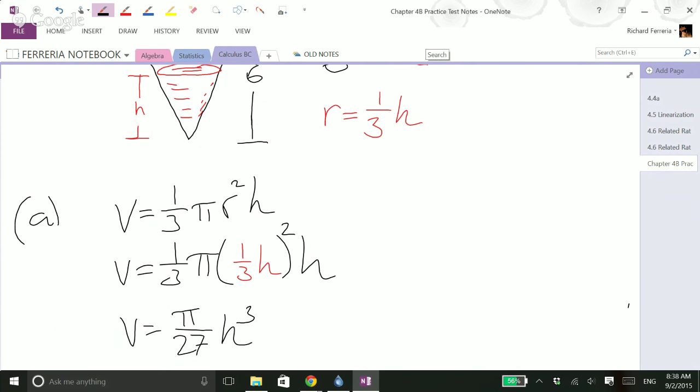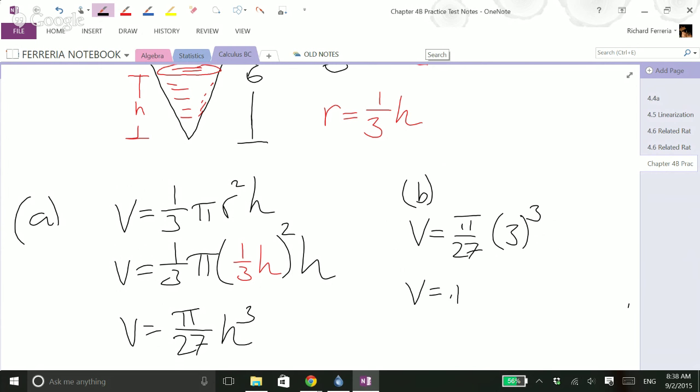Great. Next part: currently, how much liquid is left in the cup? I just have this handy volume formula. Why don't I use that, right? Currently, the height is, what was the height? You said 3? So currently the volume is pi over 27 times 3 cubed. 3 cubed is 27.